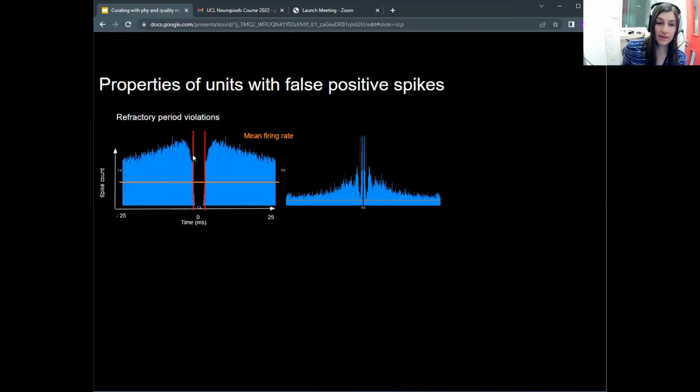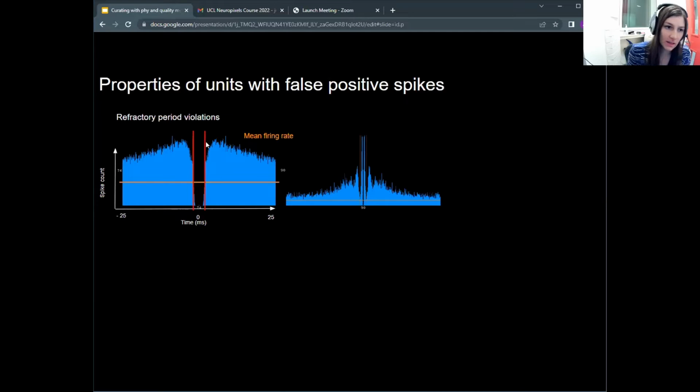If you look in the autocorrelogram at the probability a unit emits a spike as a function of the time elapsed since previous spikes, it should be close to 0. Here is spike count on the y-axis and time on the x-axis, with the center being 0. It should be close to 0 spike counts during those 2 milliseconds, which are denoted by these two red bars.